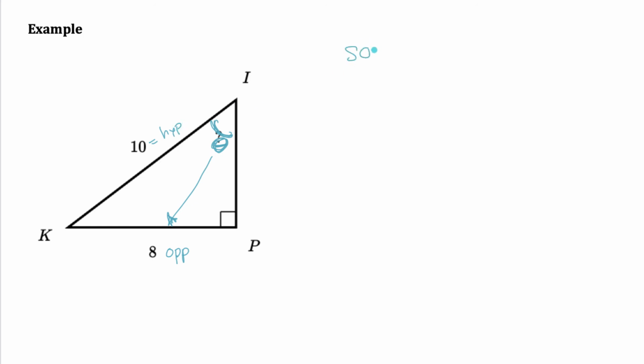So if I go back and look at SOHCAHTOA, I remember that the ratio of the opposite to hypotenuse, that's the sine ratio. So that means the sine of theta, or the sine of angle I, is equal to 8 over 10. Which means that theta must be equal to the inverse sine of 8 over 10.